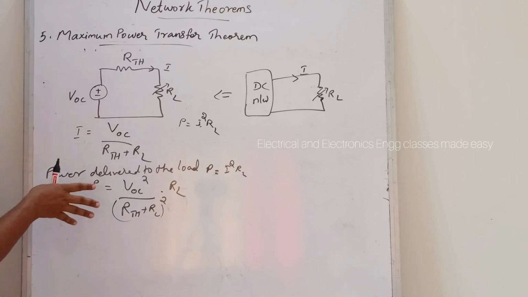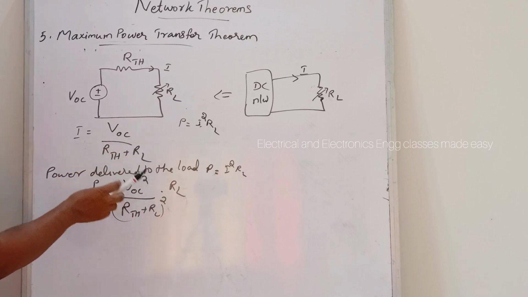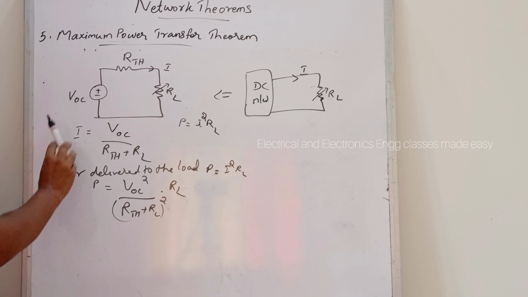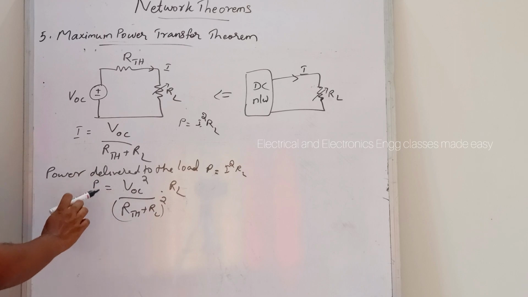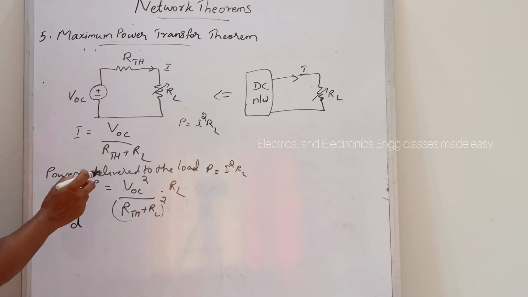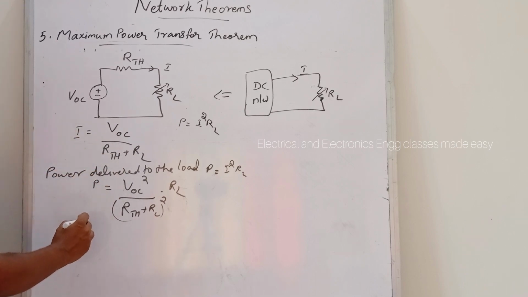Then to determine the value of RL for maximum power to be transferred to the load, we have to differentiate this power with respect to RL. That is, to get the maximum power delivered to the load, dP divided by dRL is equal to 0.